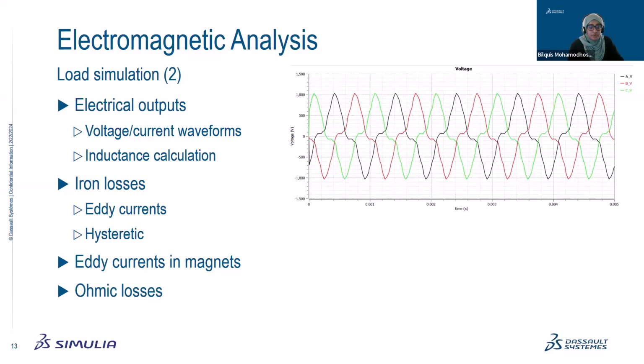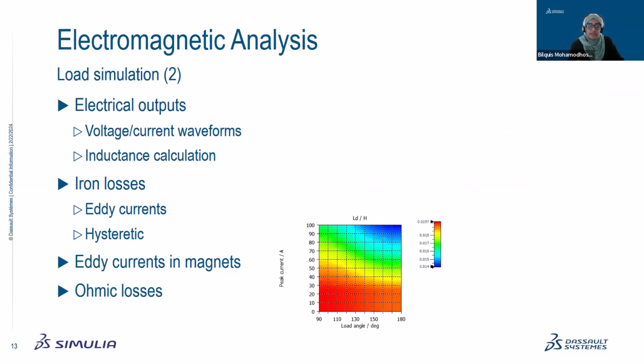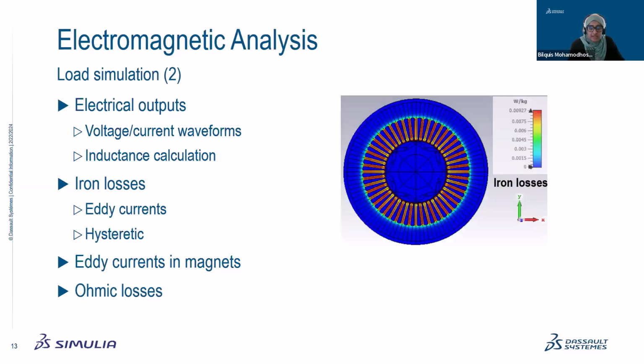We also look at the losses, which is very important in machine design, and we'll see the importance just a bit later. So the different types of losses that we have in a machine: normally we have the iron losses, which occur in the steel laminations.